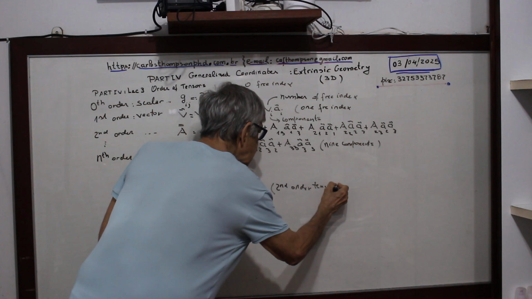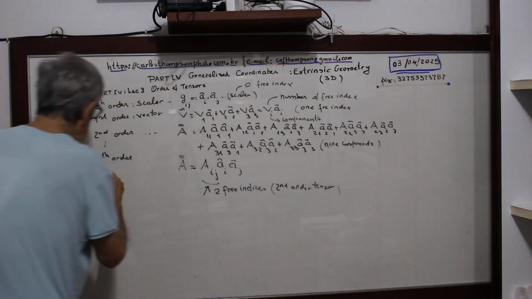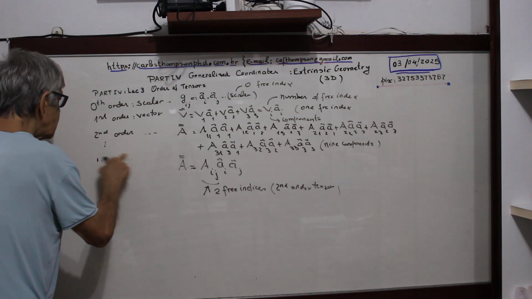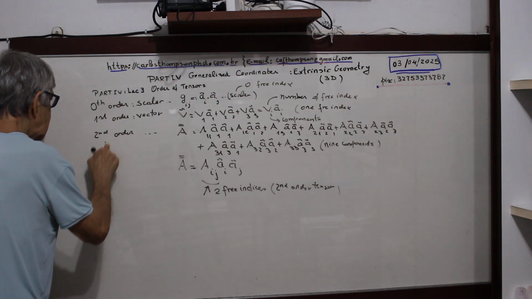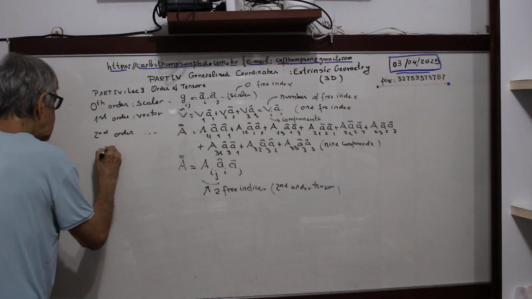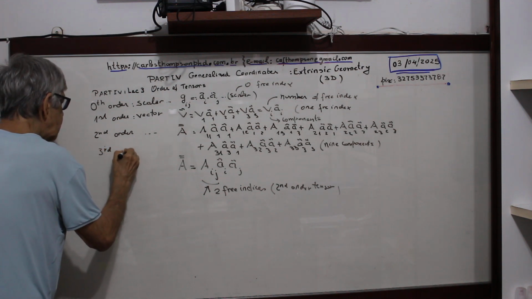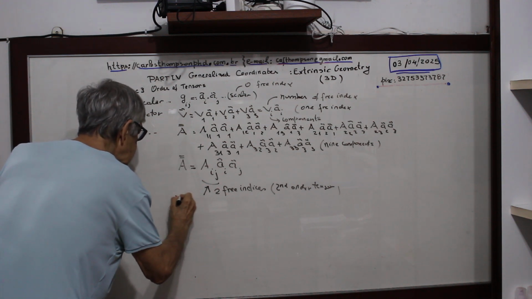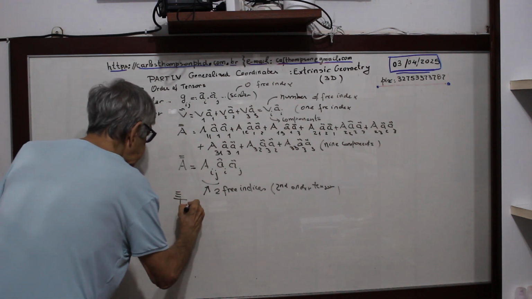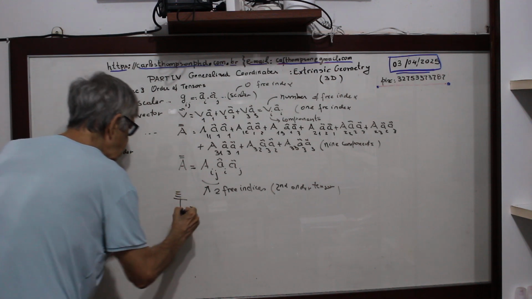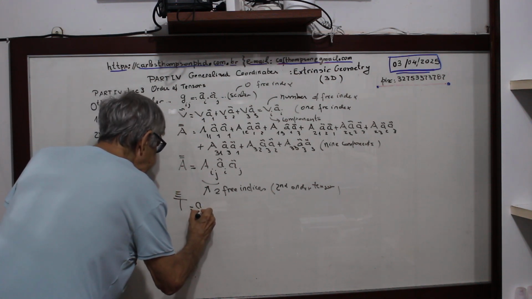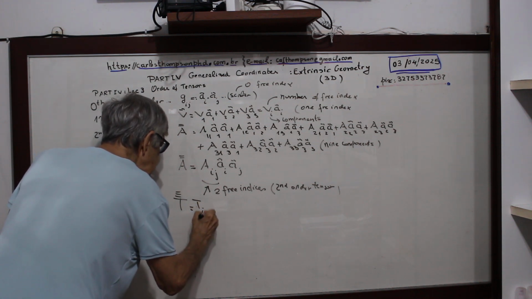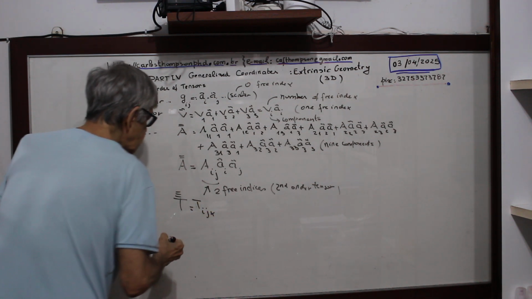You see, a third order, I'll put a third order tensor. Now, I have, for instance, T, Tijk, for instance.